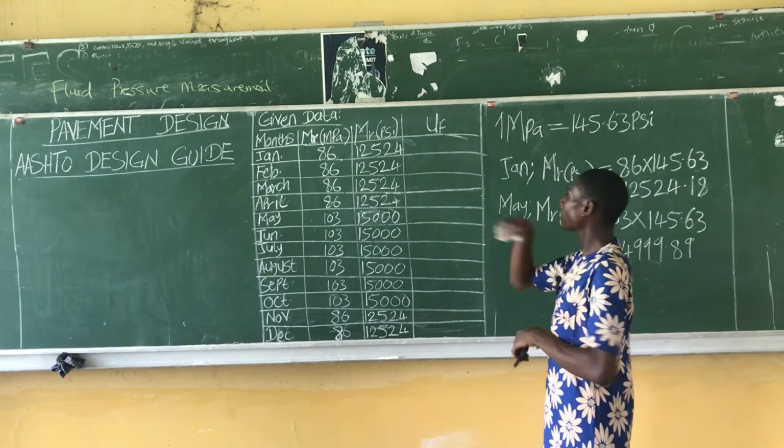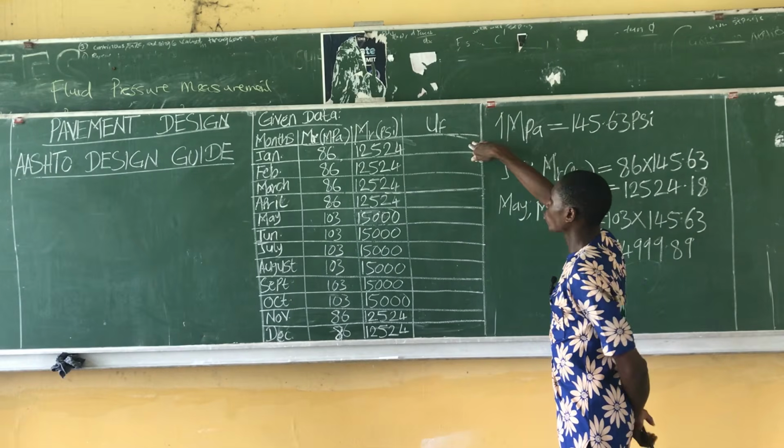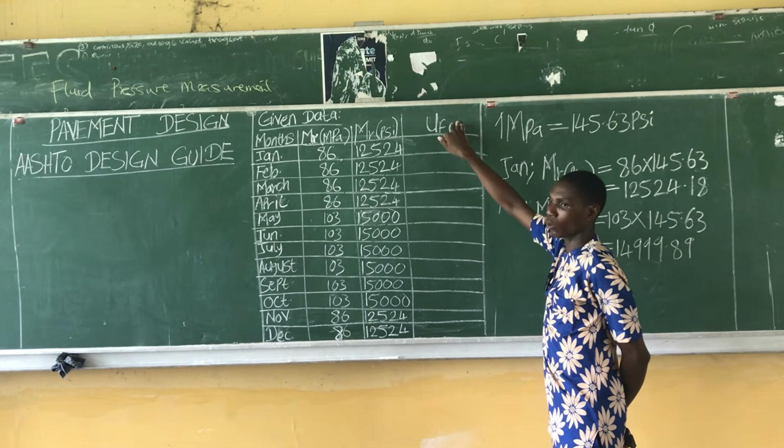Okay, after getting our resilient modulus in PSI, the next thing we have to get is our relative damage factor.